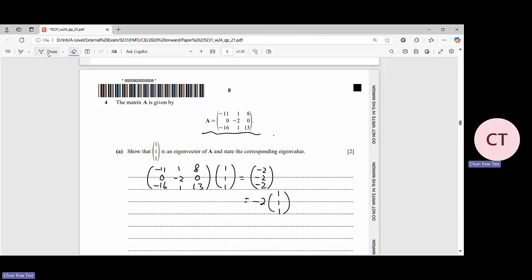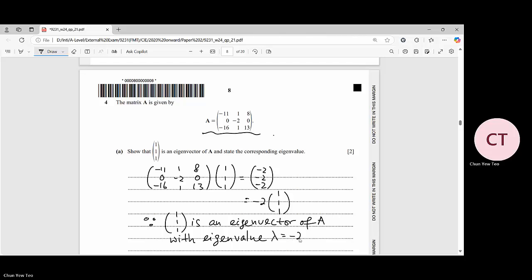From here, you just say, therefore, (1, 1, 1) is an eigenvector of A with eigenvalue lambda equal to -2.